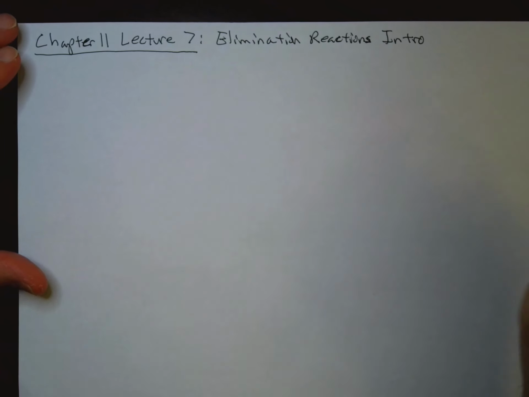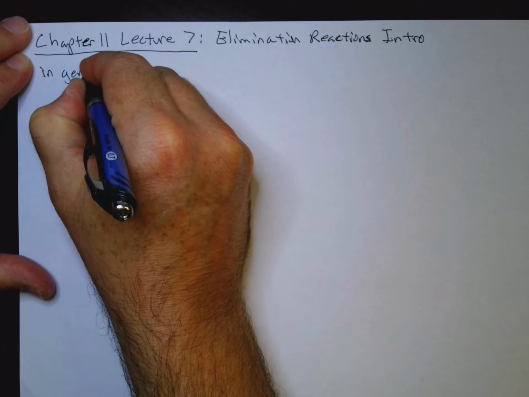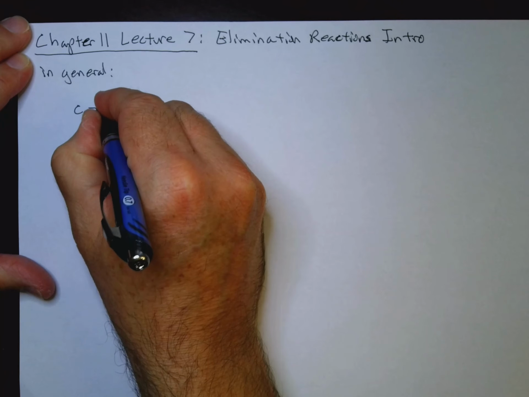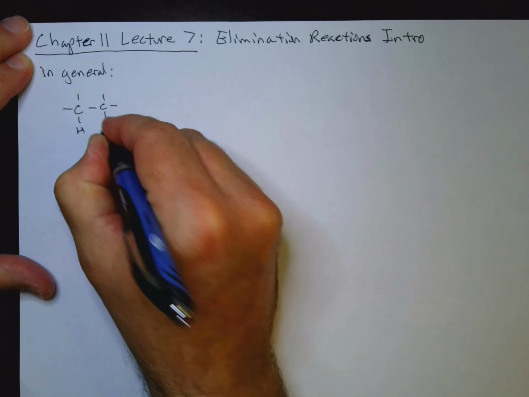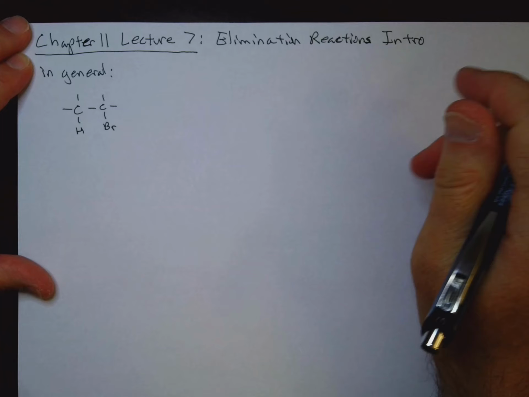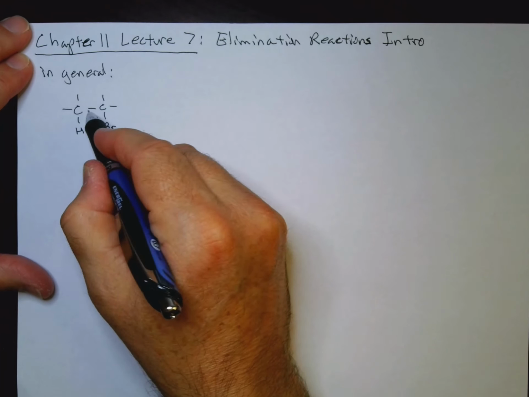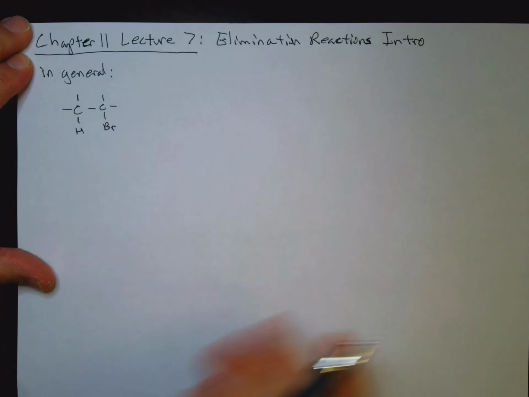In this lecture, we are going to take a look at elimination reactions. So what is an elimination reaction? Well, we would have something like an alkyl halide, or something else with a leaving group, and then at what we call the beta carbon. This is the alpha, that's the beta.